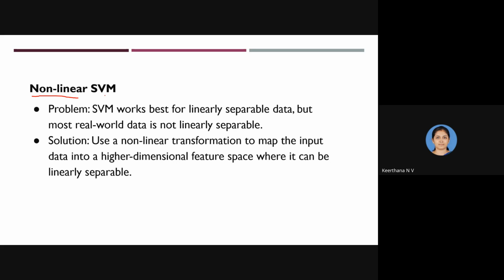Without the kernel trick, you cannot go for non-linear SVMs. So the basic idea is to map to a higher dimensional space, where the data is linearly separable, and then find the separating hyperplane.